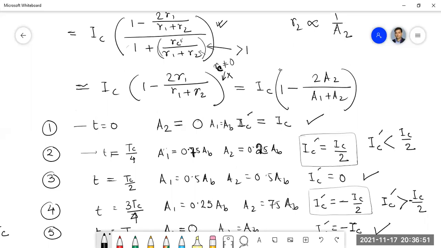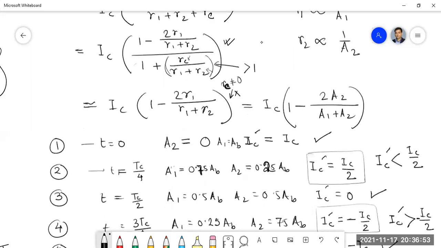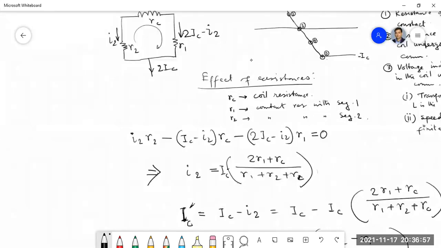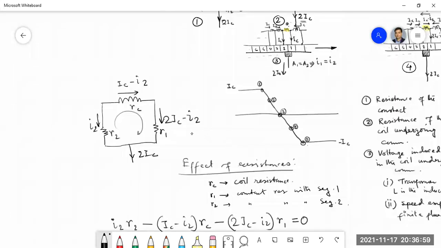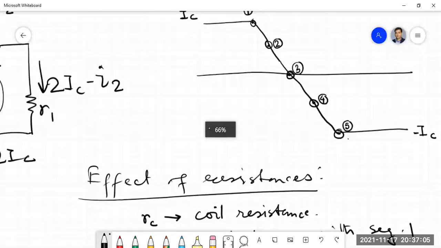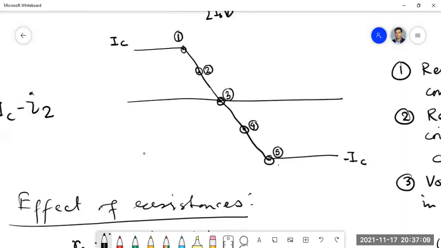Just a minute. Okay, so these are the instants. Let me zoom it. Let me write the time instants, I have not written them.